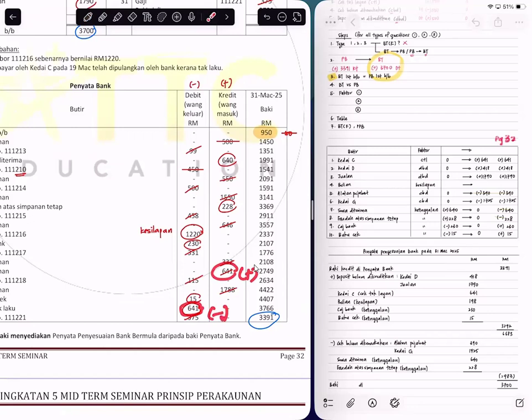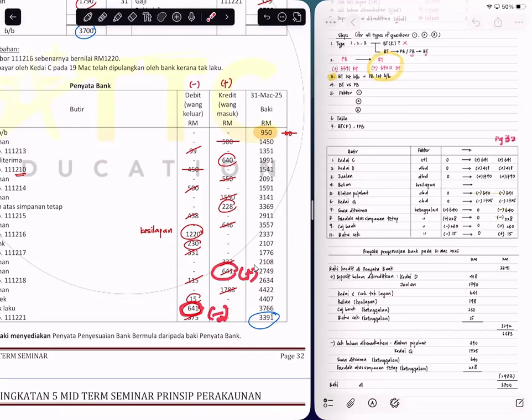Yes or no? Debit, credit the same value at the same time. Isn't it knocked off already? Do we have any balance left? Positive 641, negative 641. Is it knocked off? Do you have any balance left? No, no more.